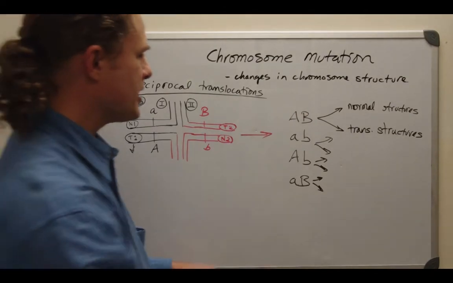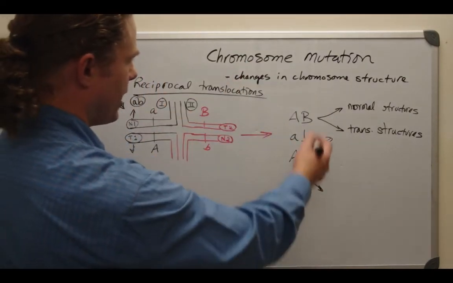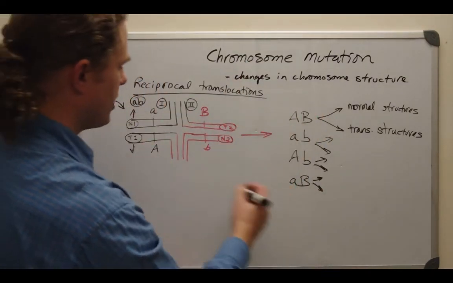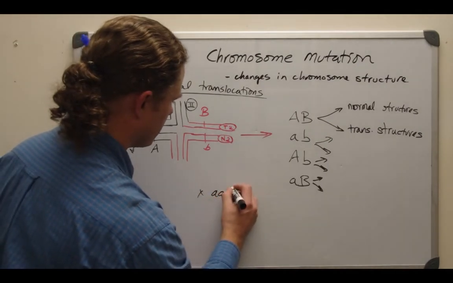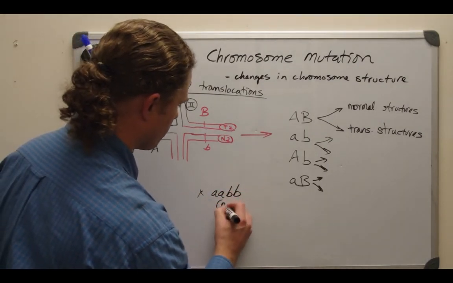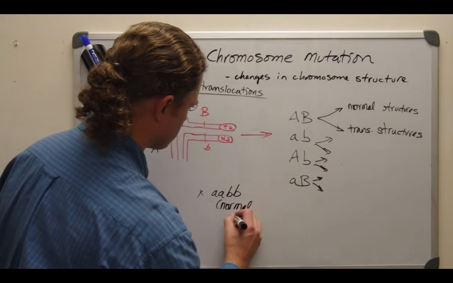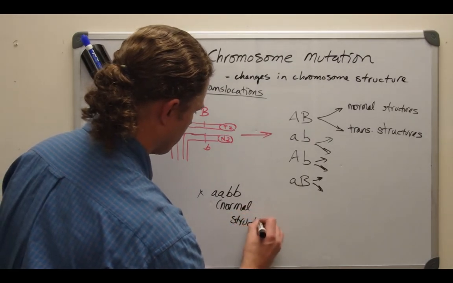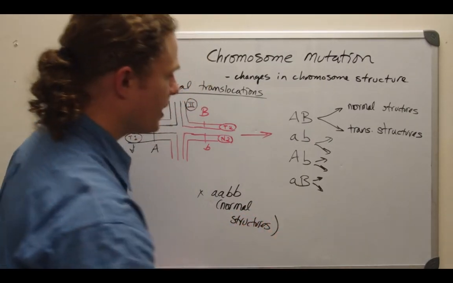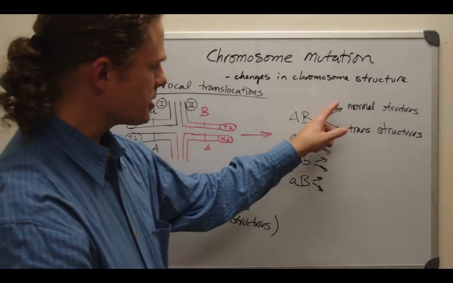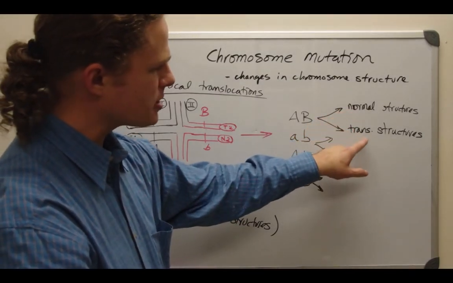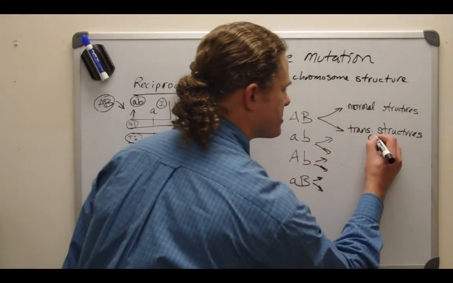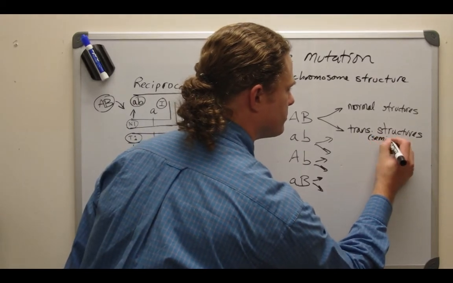And remember, when we take these gametes, say we're taking this organism and we're test crossing it to say little a, little b on normal structures, we can identify which categories have translocated structures because they themselves will be semi-sterile.